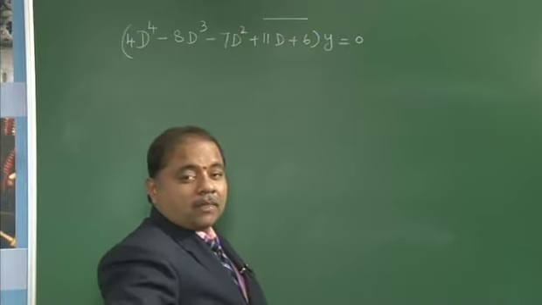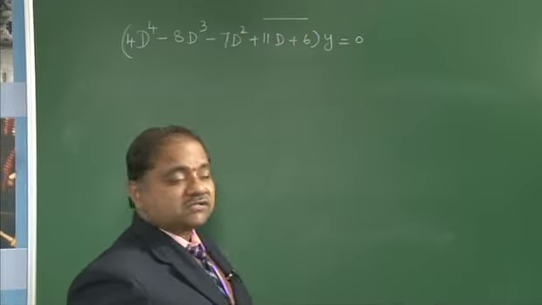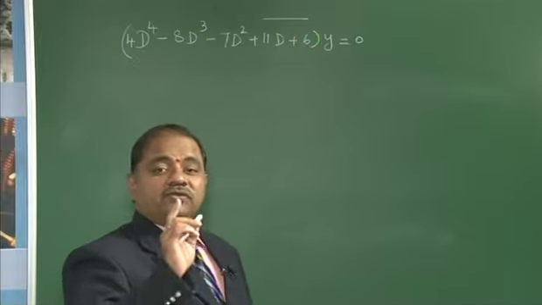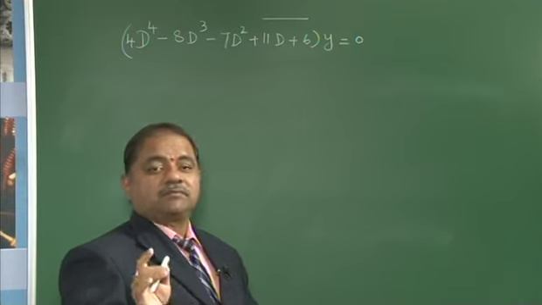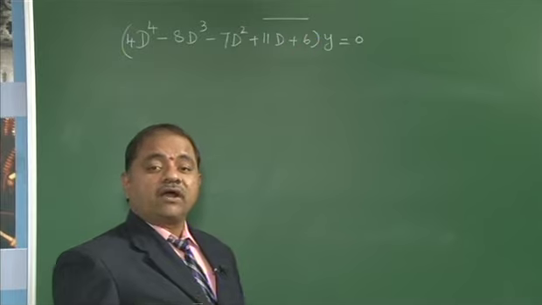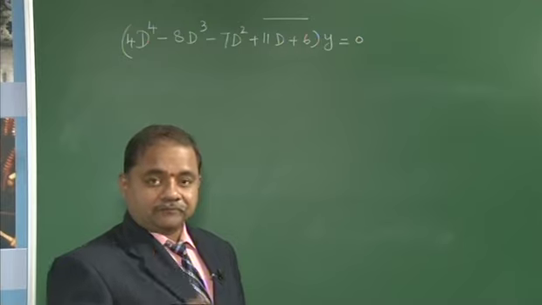4D power 4 minus 8D cube minus 7D square plus 11D plus 6. Your calculator can give a maximum of only 3 roots. So, for a fourth order equation I should find one root through the synthetic division method.